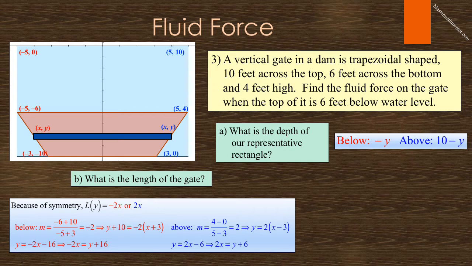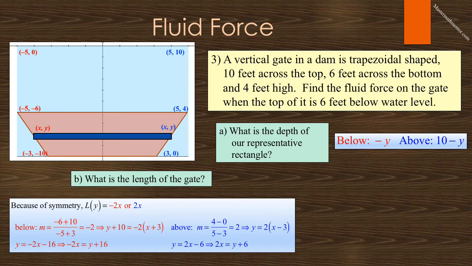So if we use the red points, we want the line connecting (-5, -6) and (-3, -10). Our slope is negative 2, and therefore our equation is y plus 10 is equal to negative 2 times (x plus 3). That gives y equals negative 2x minus 16, and negative 2x is equal to y plus 16.